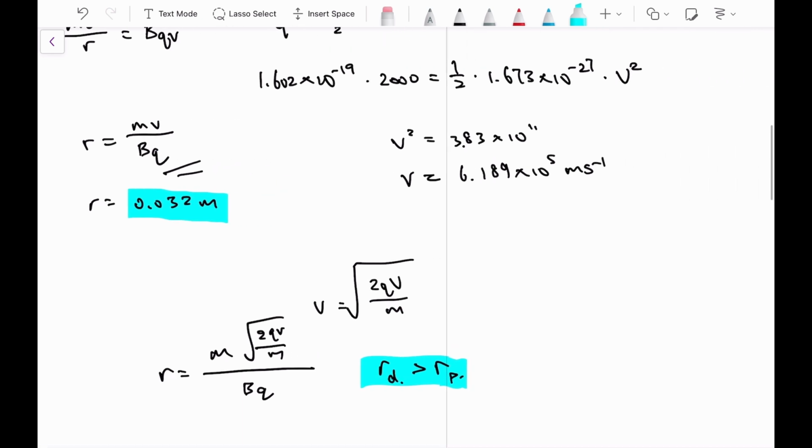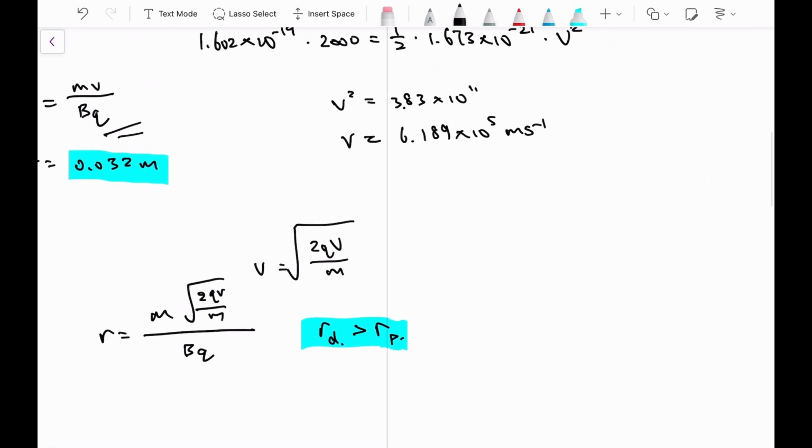I'm going to derive a value as well, and we can directly use the equation we derived over here. If I simplify this a little, m over the square root of m is just the square root of m. So on the top we have the square root of 2qVm, and then over BQ.